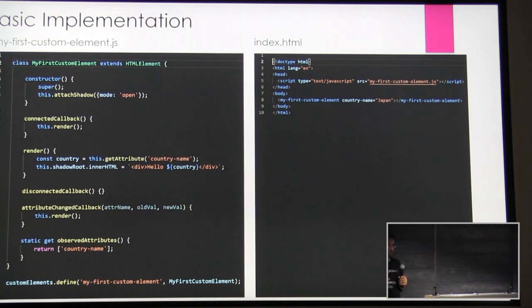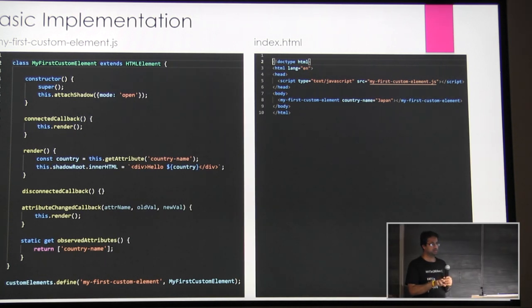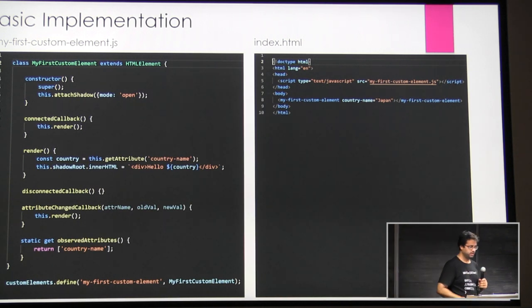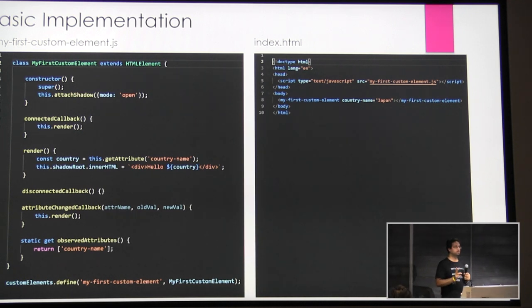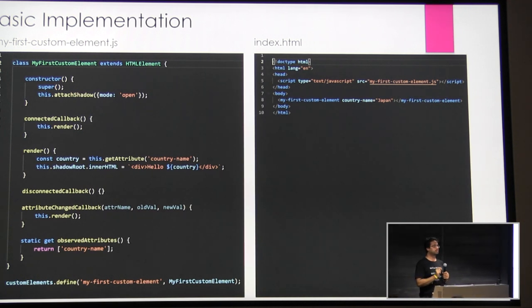So we call customElements.define, and we pass the name of the custom element, and then the class name, the class type, right? There's one other requirement to define the custom element, which is that the name has to have at least a single dash. It could be more than one, but it definitely needs to have at least a single dash in its name. That's a hard requirement.